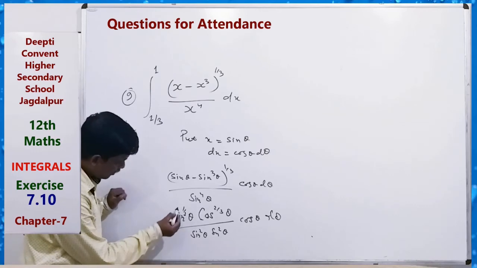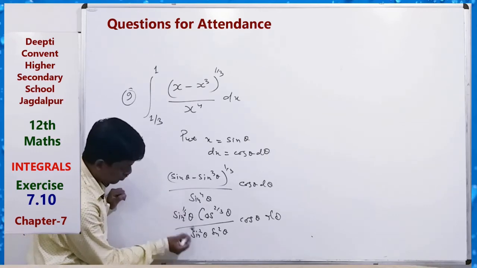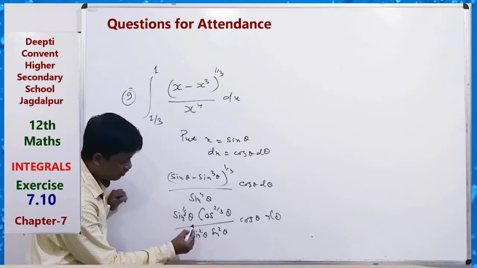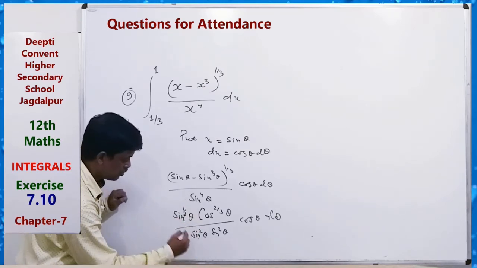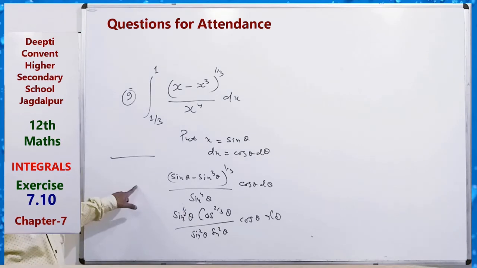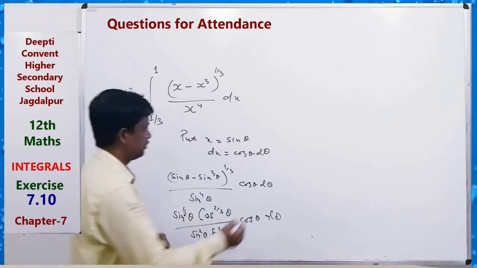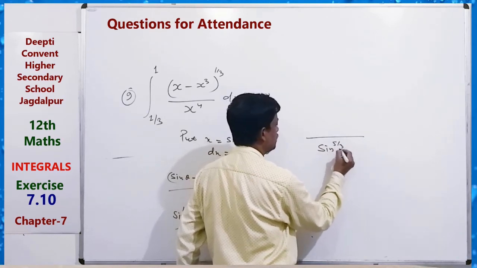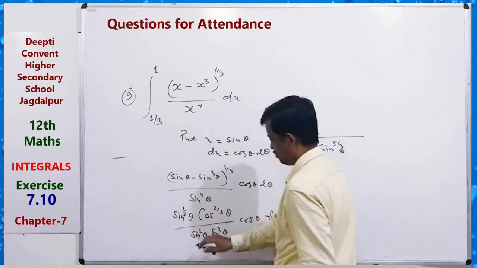Here sin power 1/3 goes to the denominator, then 2 plus 1/3 means 5/3. So the denominator will be sin power 5/3 theta from these two. Clear?